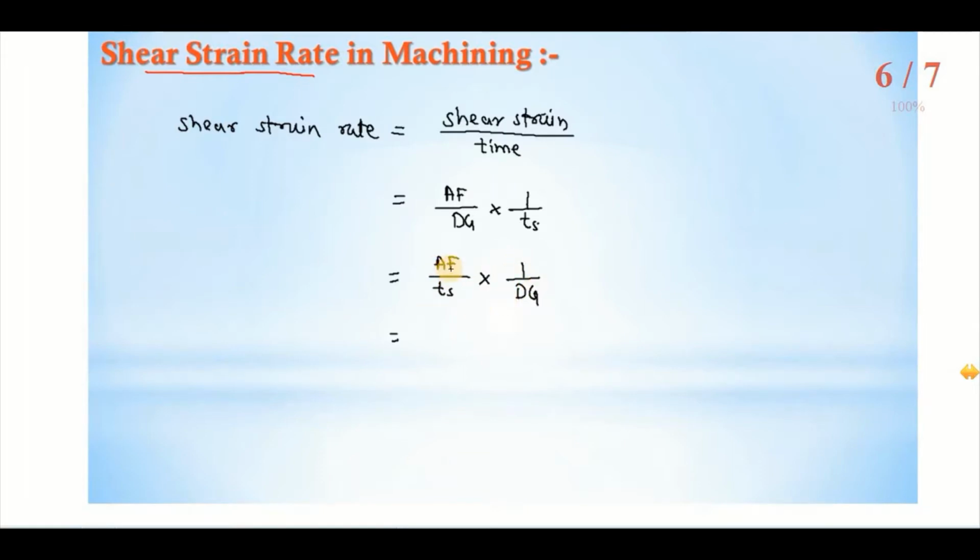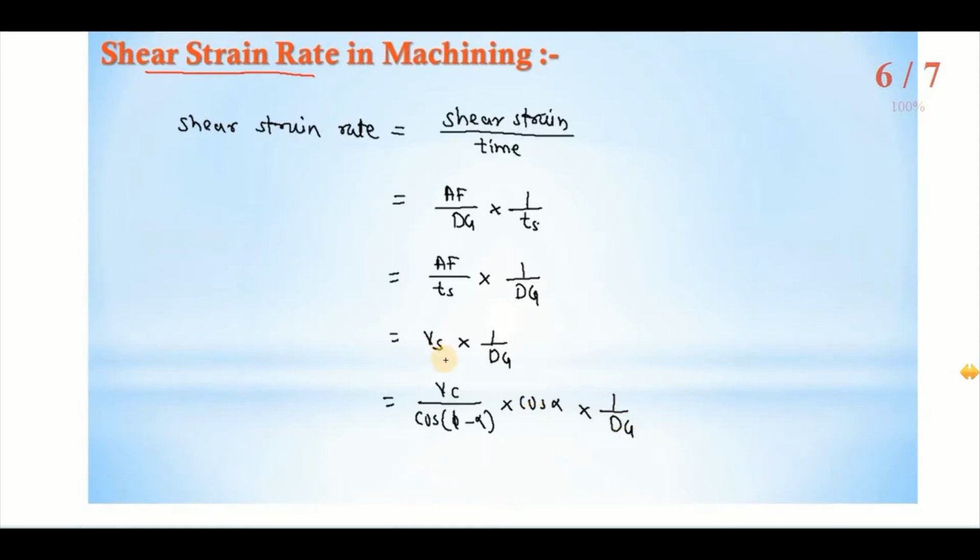So this shear plane length upon time can be given as shear velocity into 1 upon DG. So based on the velocity triangle, this shear velocity we can write as Vc upon cos phi minus alpha into cos alpha, into 1 upon DG.